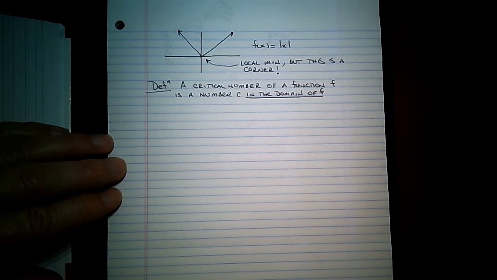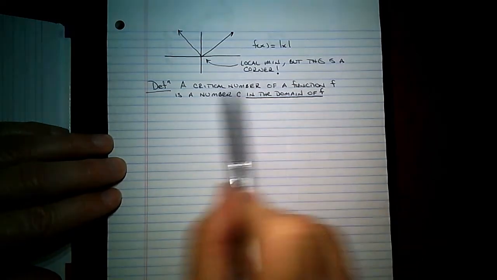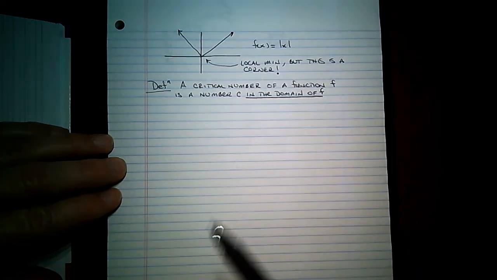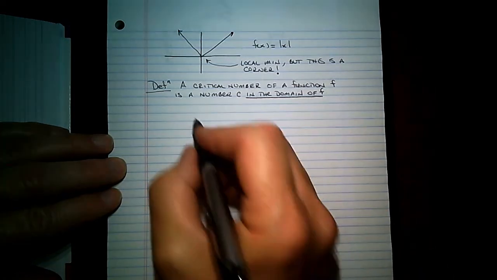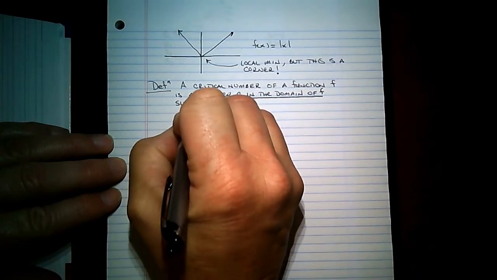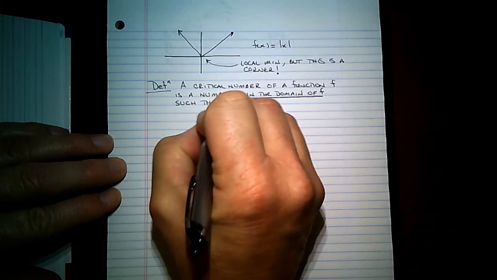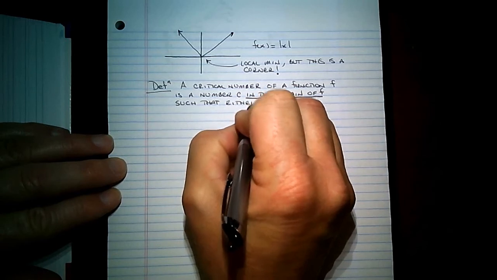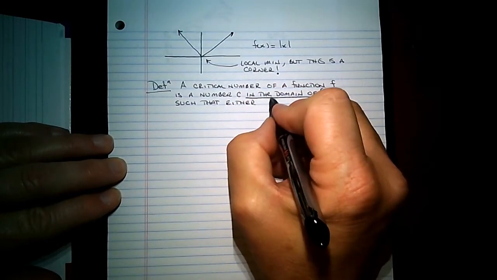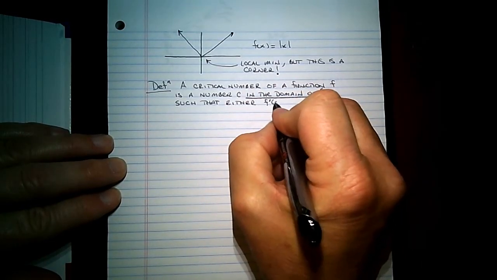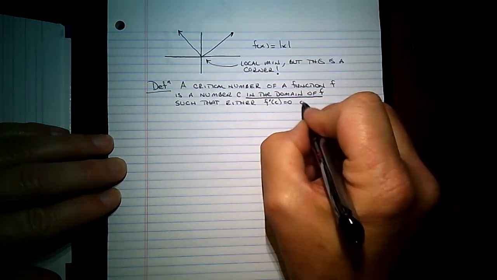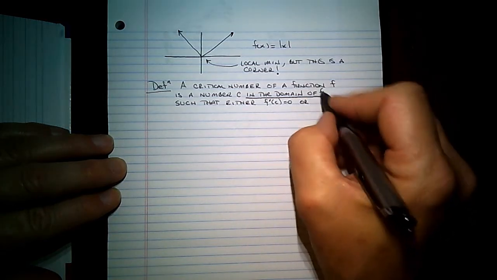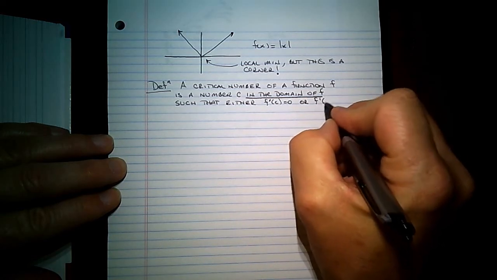That's our responsibility. So I pause here in writing the definition to call attention to this. A critical number of a function f is a number c in the domain of f such that either f prime of c equals 0, so the derivative equals 0, or f prime of c does not exist.